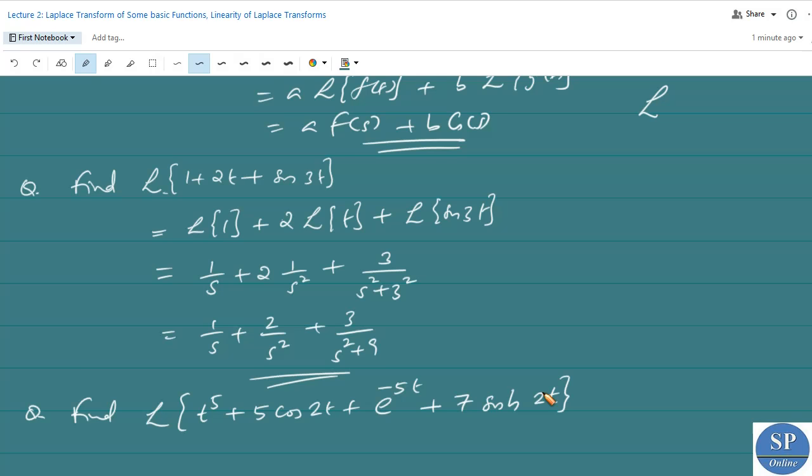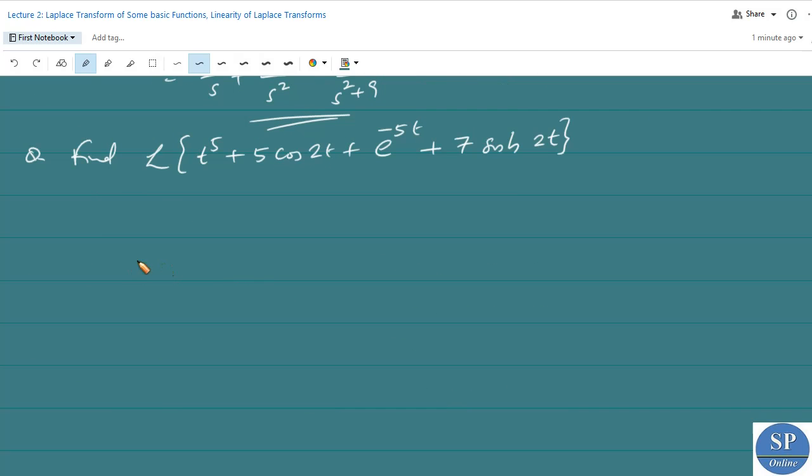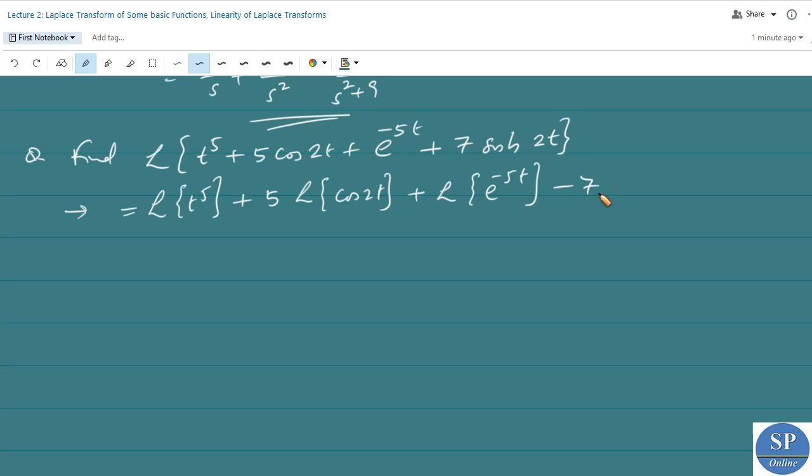So here by using the linearity property we can write the Laplace transform of this function as nothing but L of t power 5 plus 5 into Laplace transform of cos 2t plus Laplace transform of e power minus 5t plus 7 into Laplace transform of sinh of 2t.